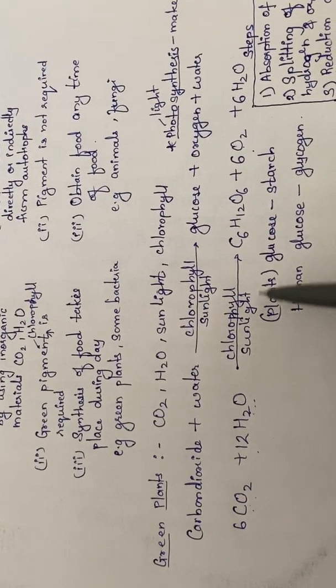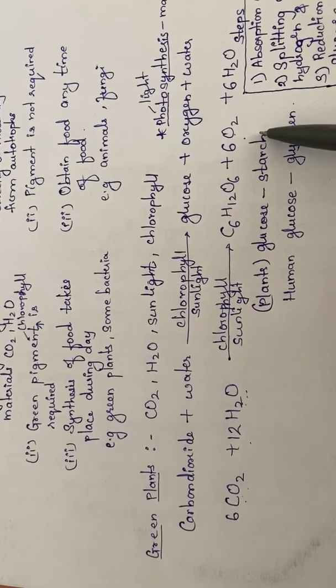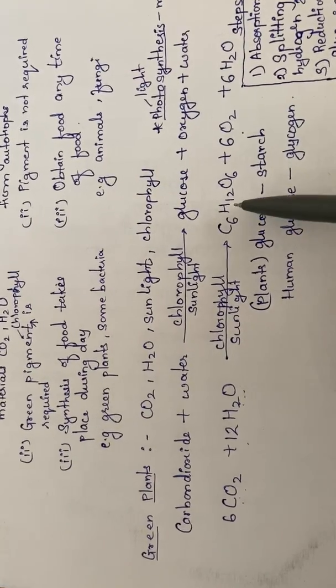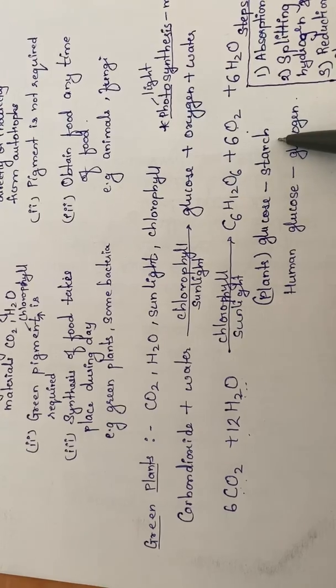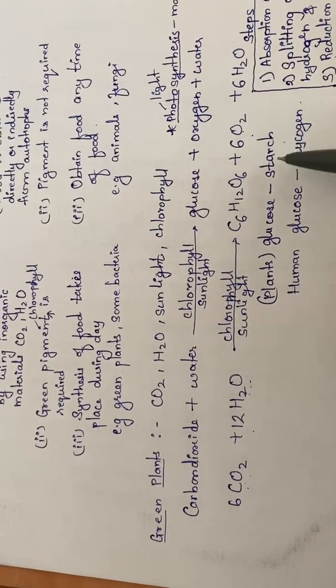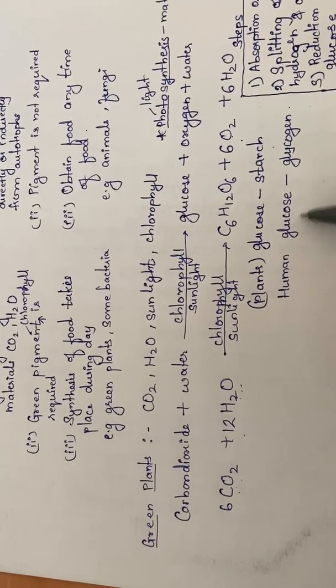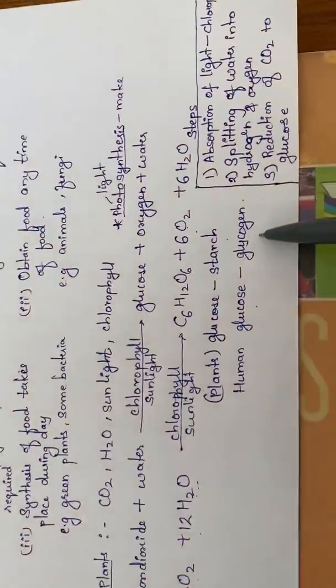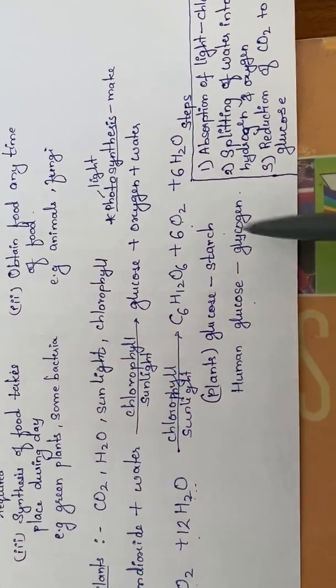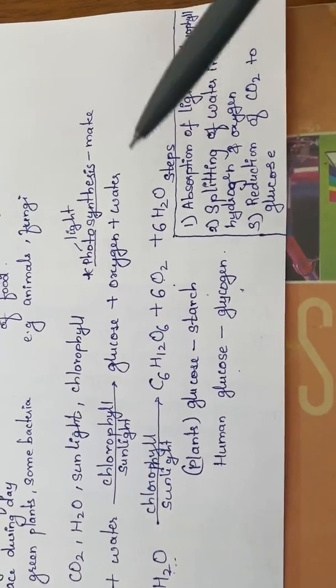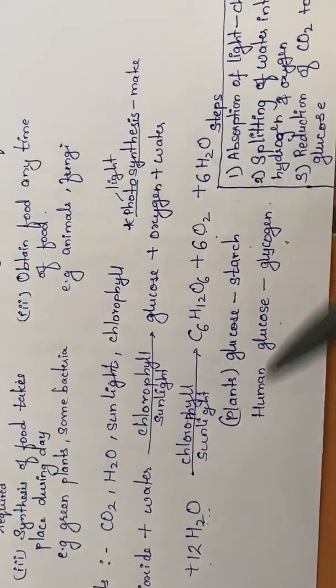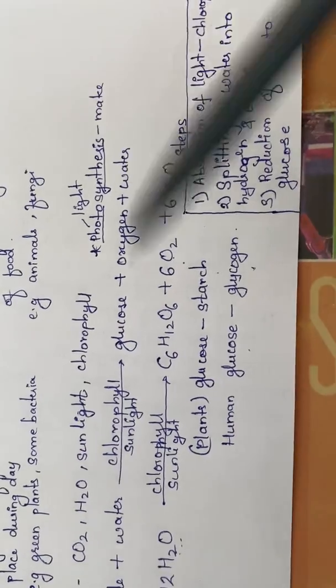This is the chemical equation by which you can represent photosynthesis. The excess of glucose which is present in the plant body is converted into starch and stored. Similarly, in humans, the excess of glucose is converted into glycogen and stored. The steps involved in photosynthesis, because it is an entire process, do not take place all together.